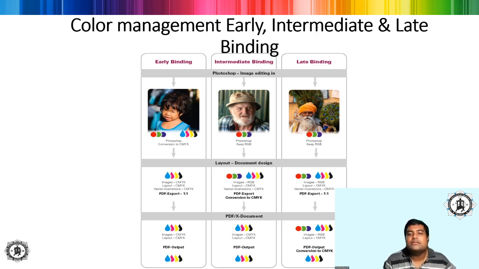Why? Because it gives you a lot more control over the color appearance after it has been converted, depending upon what reference printing condition you are printing your file to. Now, another important thing that the GWG recommends is what are some of the recommendations that you need to keep in mind while converting your images to CMYK.